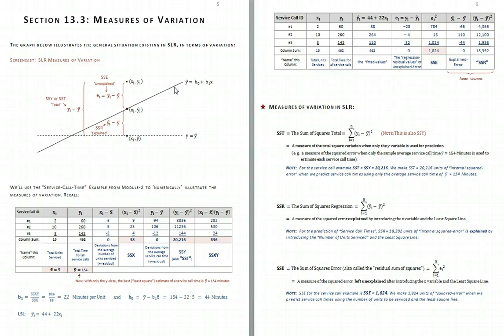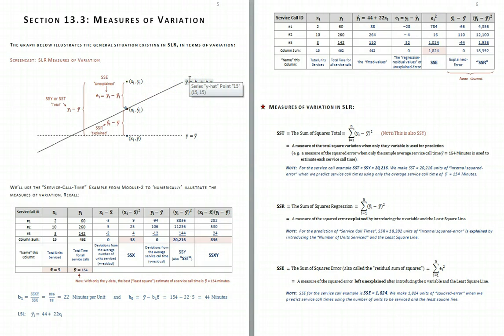For the service call time example, SSR is the amount of total variation that's explained when the number of units serviced and the simple linear regression line are introduced. The rest of the story is the part of the total variation that's left unexplained after introducing the x variable and the least squares line.